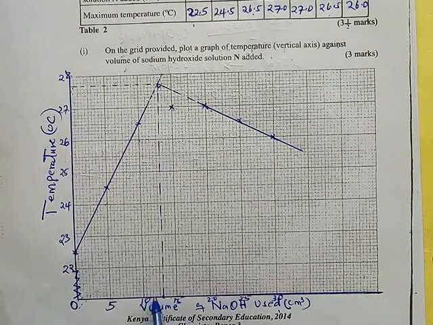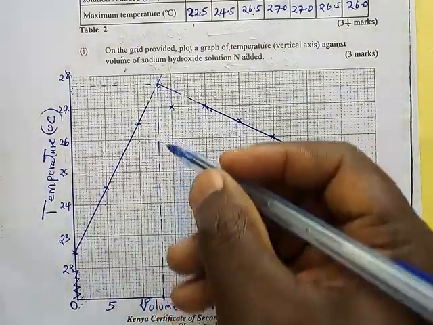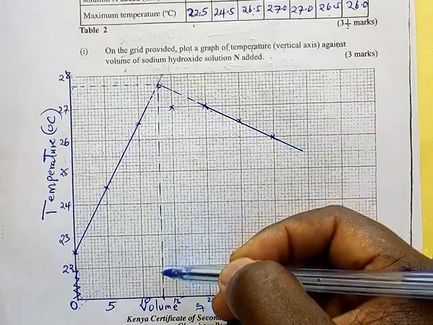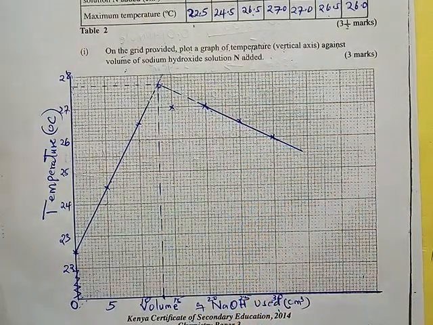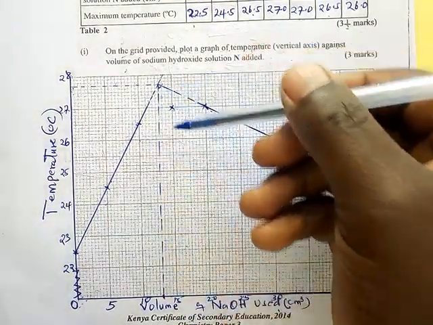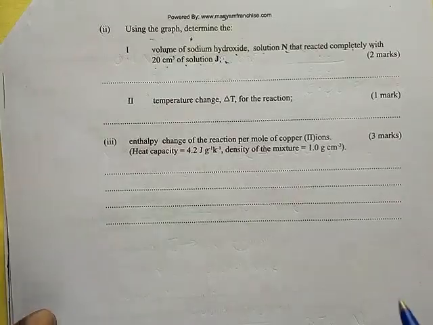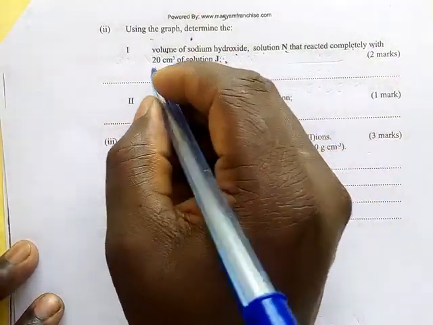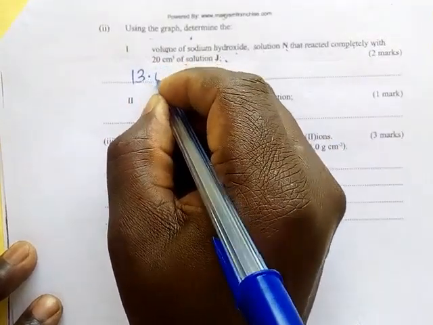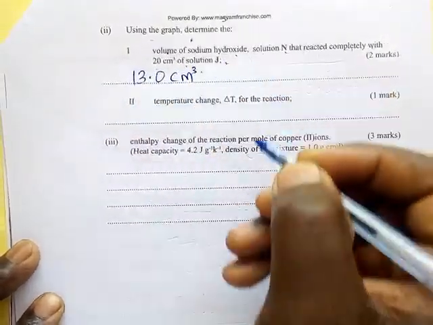Therefore 13 is here. So the volume is 13 centimeters cube. That's why they say from the graph. If you don't draw this dotted line, you won't score that mark. So the volume of sodium hydroxide used is 13.0 centimeters cube from the graph.